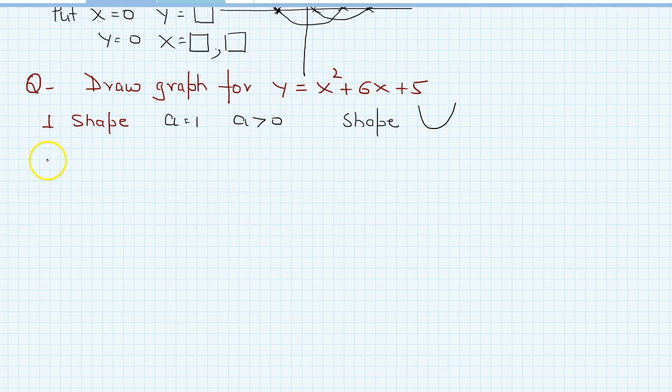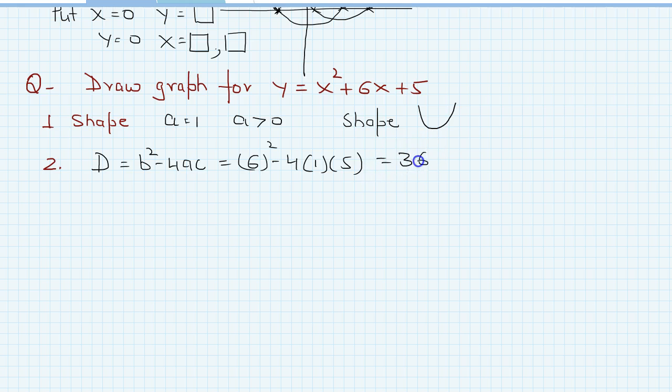Number 2, we have to find D. D is equal to b square minus 4ac. So that is equal to 6 square minus 4, a is 1 and c is 5.